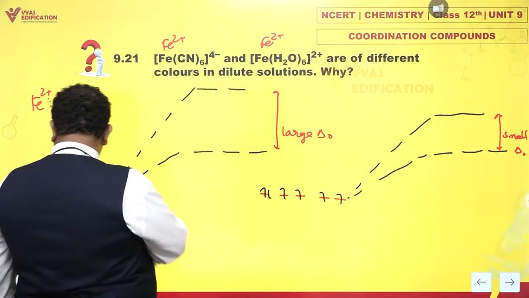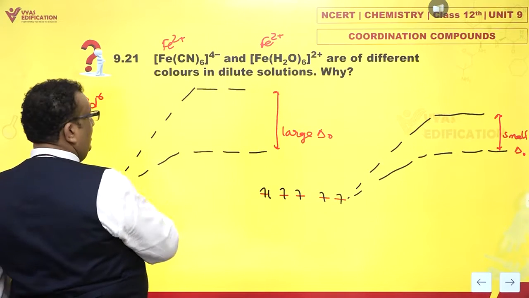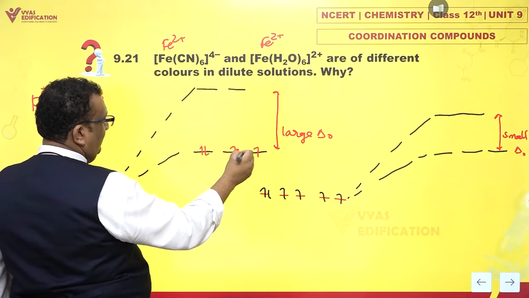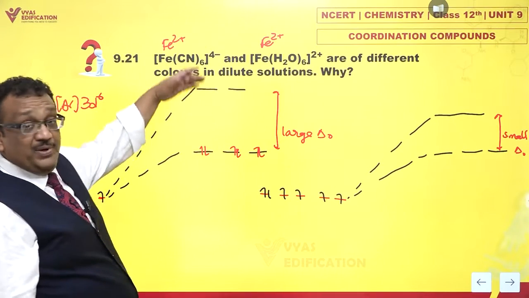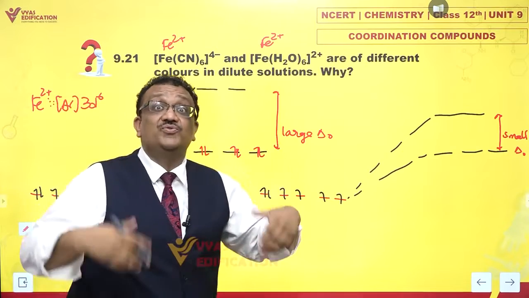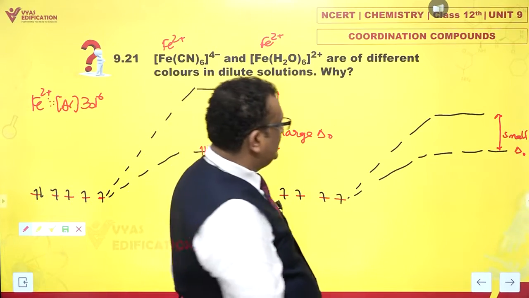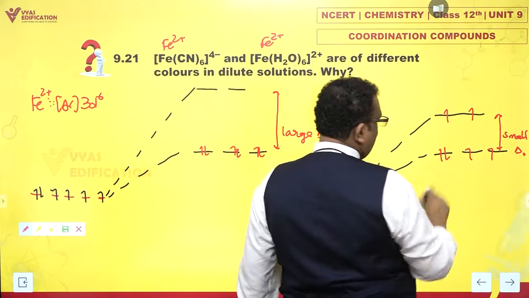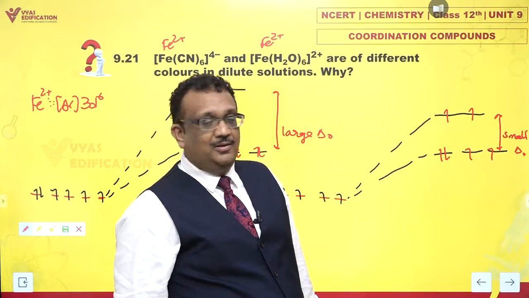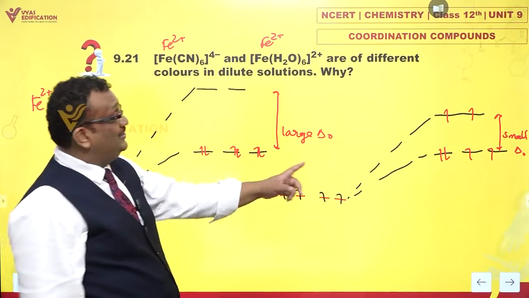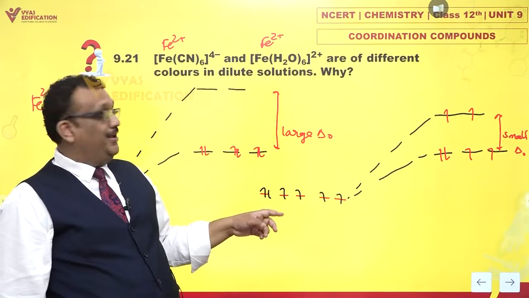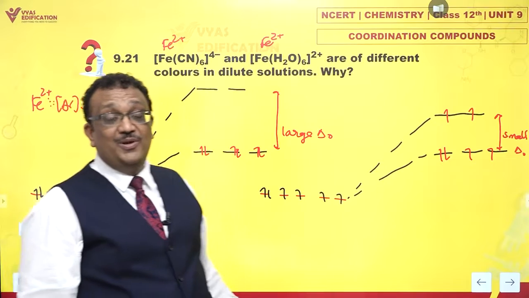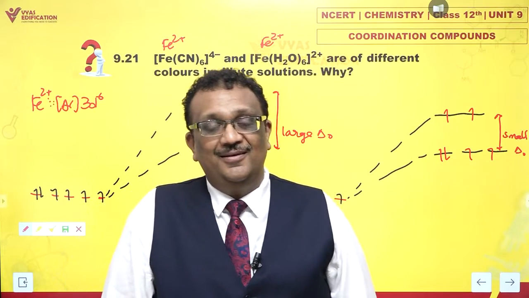And after splitting, what happens is 1, 2, 3, 4, 5, 6. Instead of jumping up, they pair up because delta O is very large. In this case, 1, 2, 3, 4, 5, 6 like this. So there is a difference in configuration and there is a difference in crystal field splitting parameter.